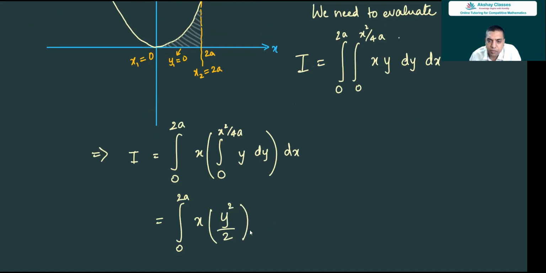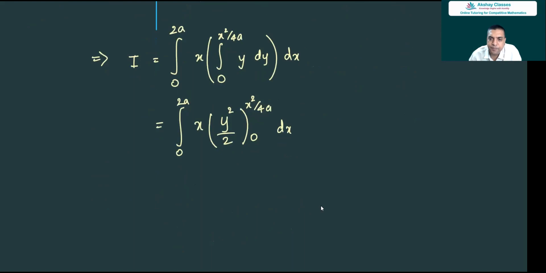So y square upon 2. So this is the integral 0 to 2a, x by 2 comes out.